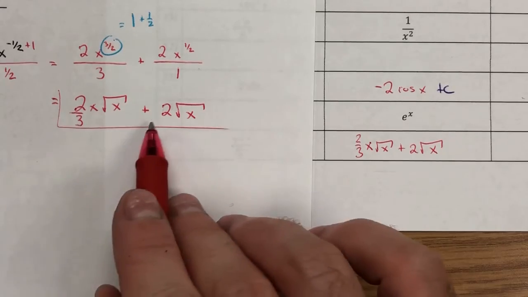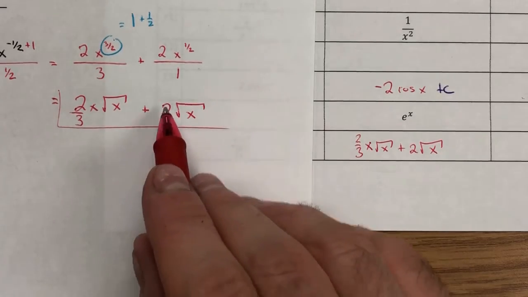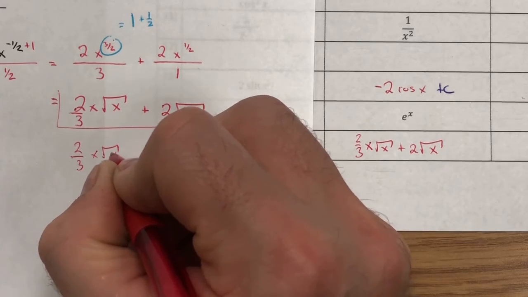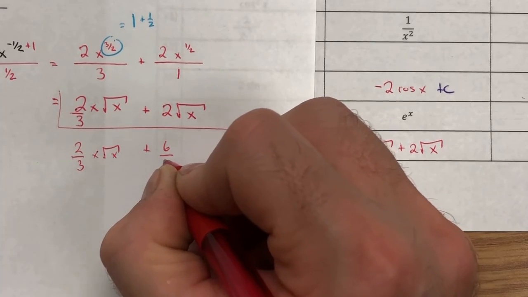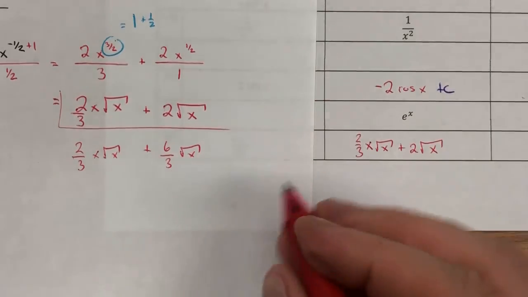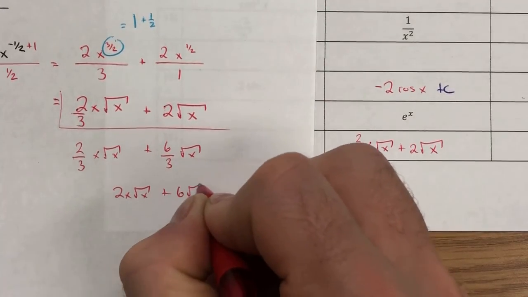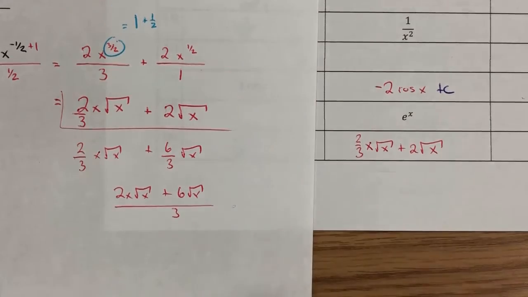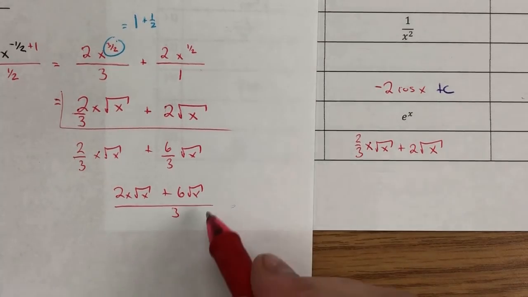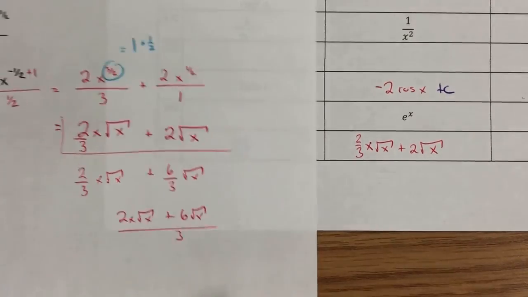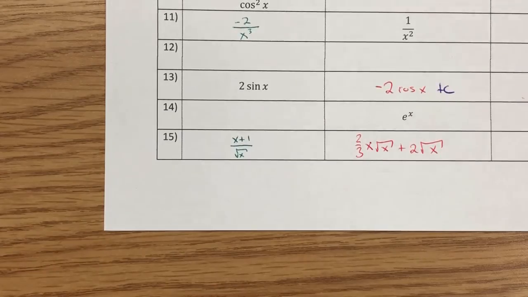Theoretically, if I wanted to, I would just have to multiply that by 3/3, which would be a 2/3 x root x plus 6/3 root x, which would be a 2x root x plus 6 root x all over 3. If you wanted to do that, I don't really see a reason why we would want to combine it into 1, because I think that's simple enough. And there you go.